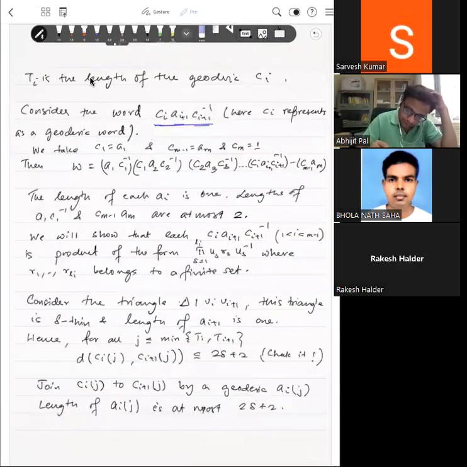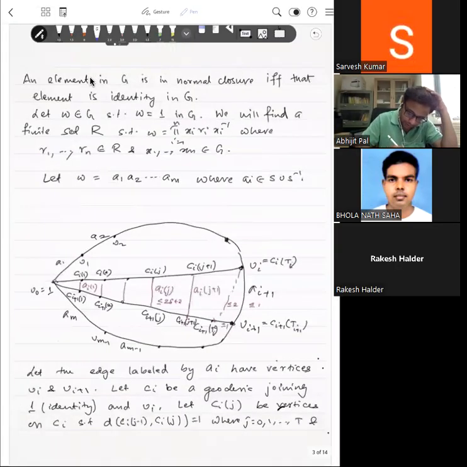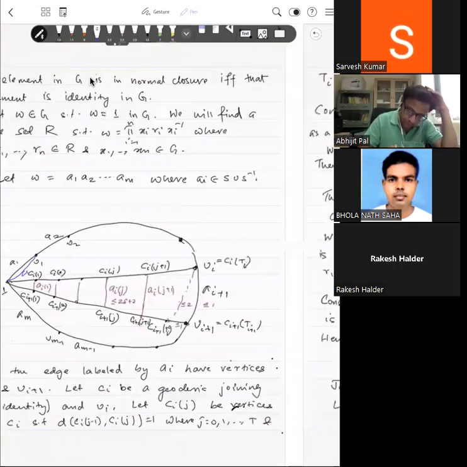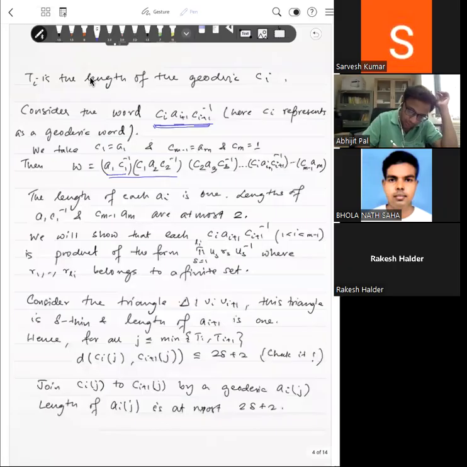Also note that this W represents the identity, right? So this W can be written as a product of all these. The first word will naturally be A1 C1 inverse, where C1 will be equal to A1.